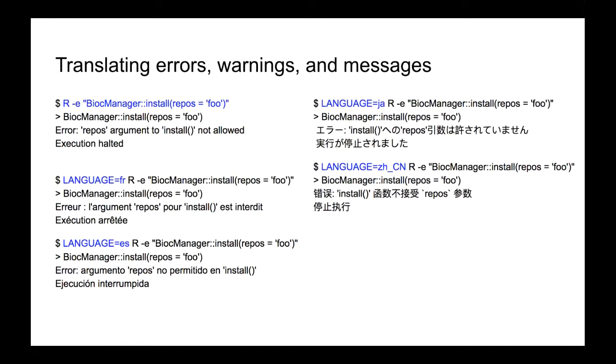I think base R does this for British English messages. There's a British English PO file, and some of the messages are translated into British English, that's en_GB I think, and it falls back to the normal English PO file if the British translation is not there.